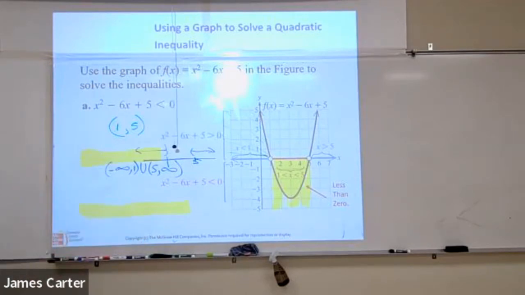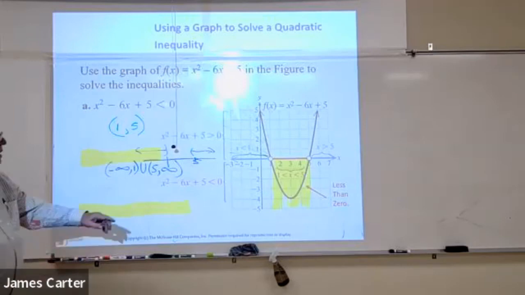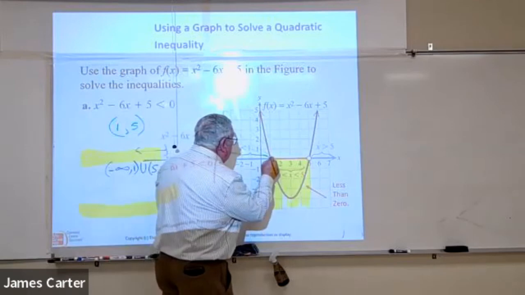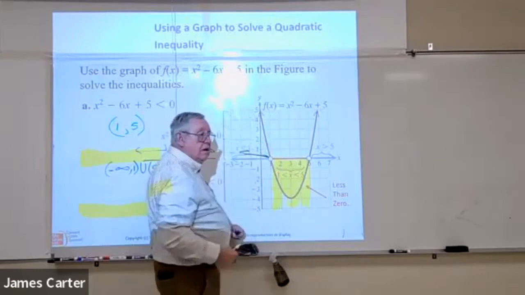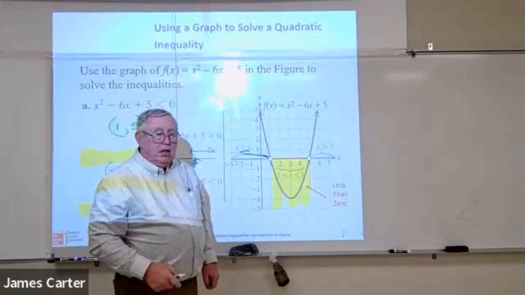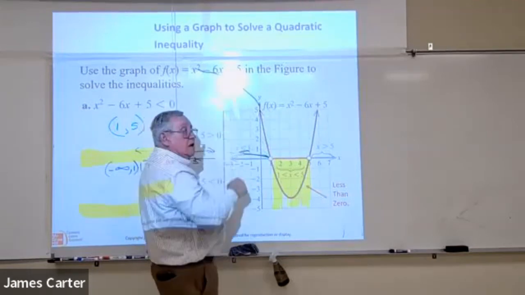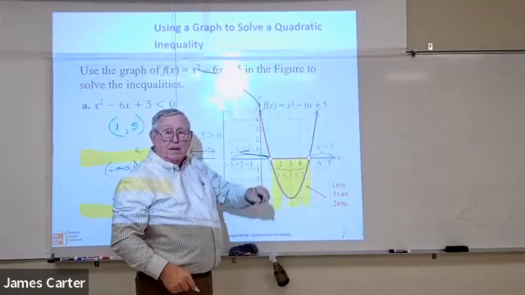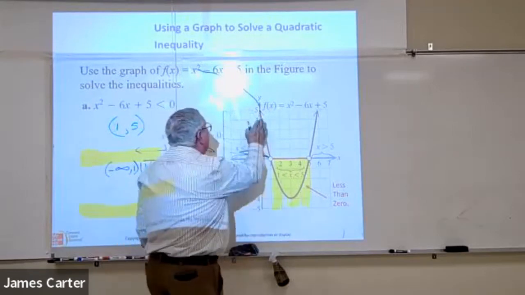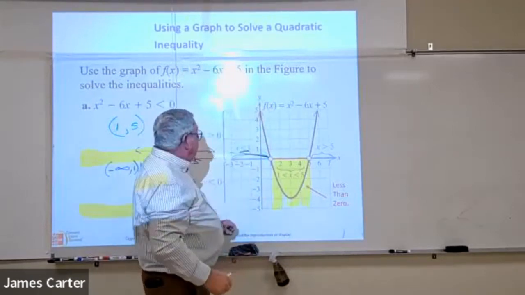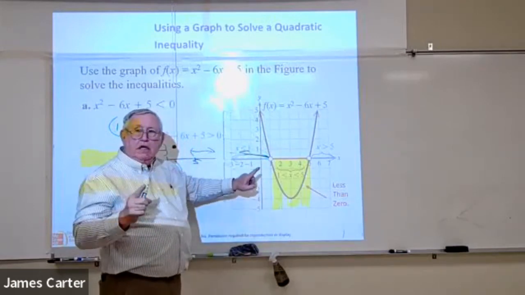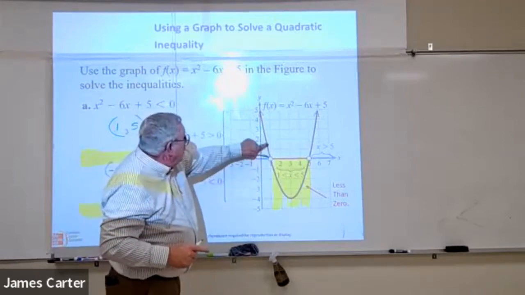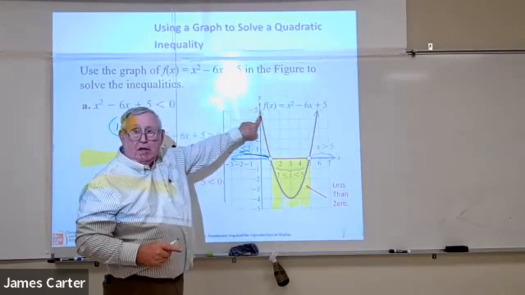So how come it's not anything above the line, but inside of the bracket? It's everything, not including this point itself, but everything that would go that direction, because this thing keeps going this way. Up and out, up and out, up and out. If it's greater than 0, it's what part of the graph is above the line.